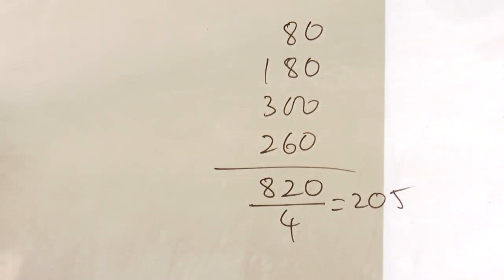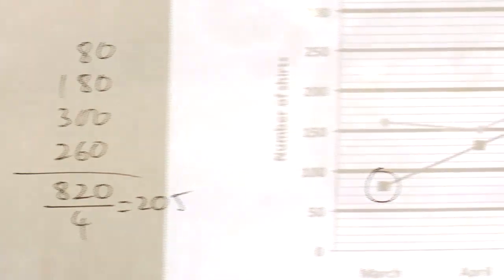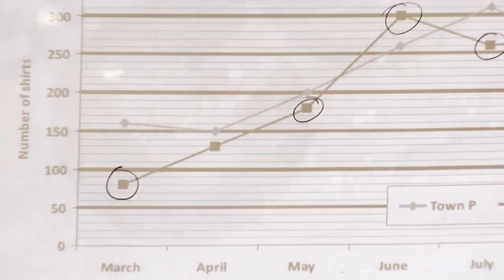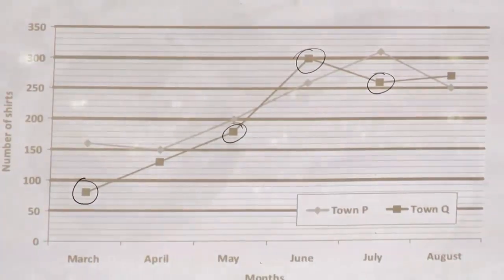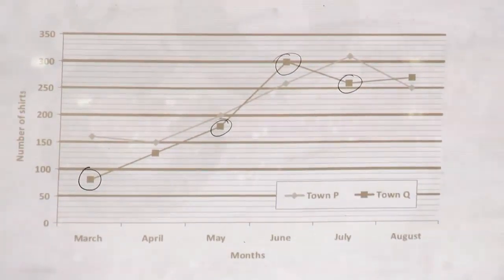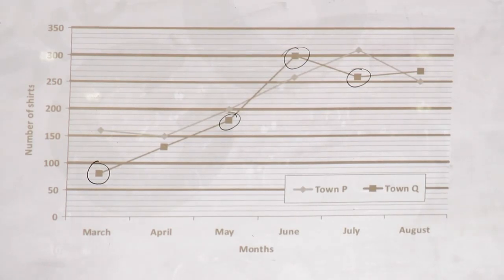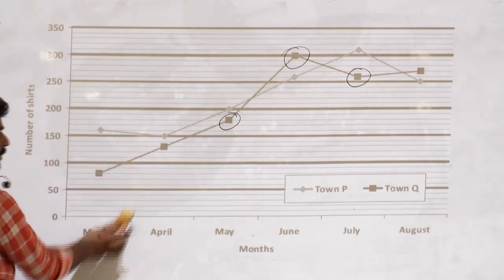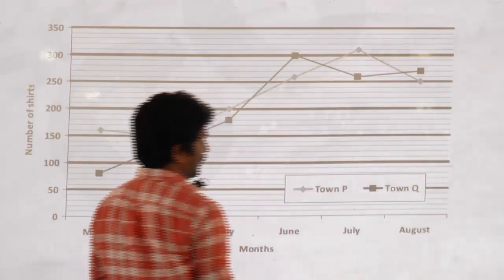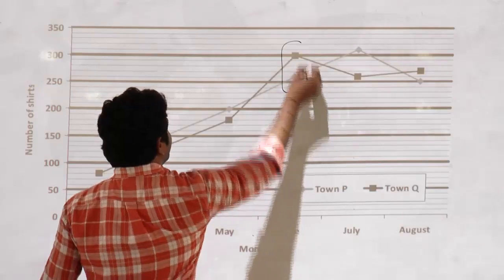What is the difference between total number of shirts sold in both the towns together in April and total number of shirts sold in both the towns together in June? June, these two.